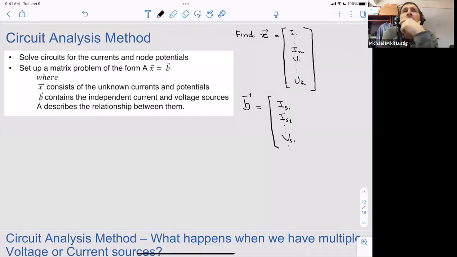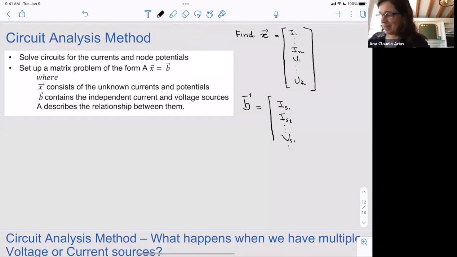Even I did my notation wrong. This is L. So I'll say VSL, VSL2, and then VS1 all the way to VSM plus K minus L, which will get our dimensions here correctly.